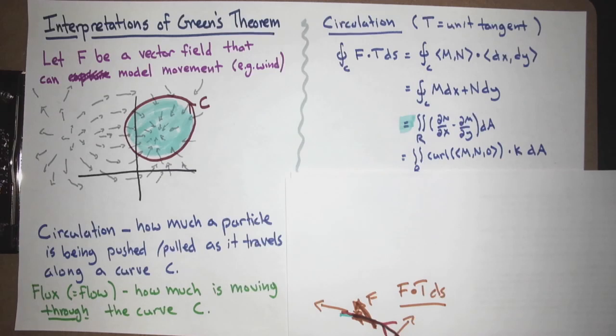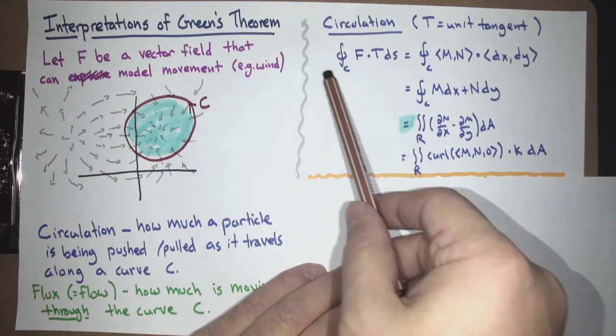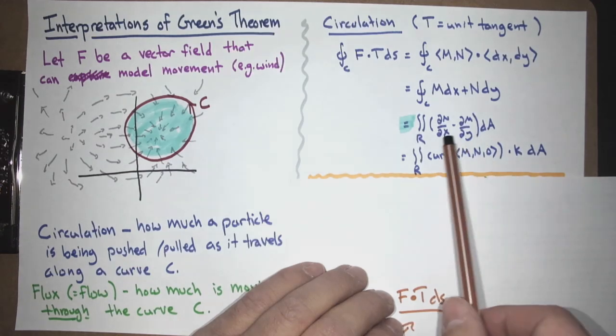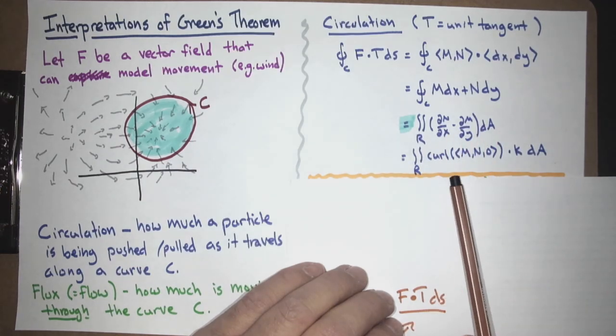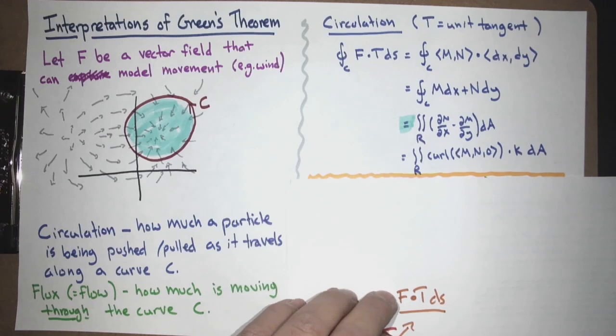We've mentioned before that this actually shows up in the curl. It's the last part of the curl. So Green's theorem is saying, if we're looking for the circulation along the curve, we can compute it by what's happening with this curl. Just grab the right component. This dot k says grab the last entry of the curl.